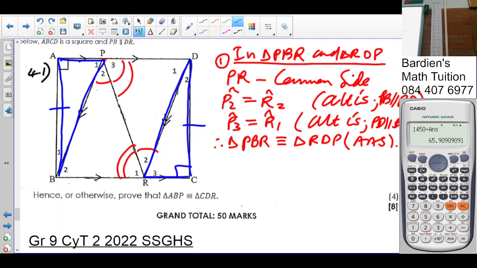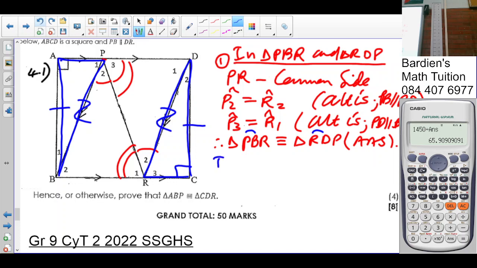One more, people. You see, we have proven that these two triangles are congruent, not so? Which means to say that this length here is equal to that length. Not O. It's PB is equal to RD. Can you see that, people? So how do we start?